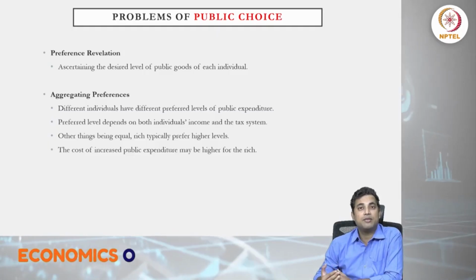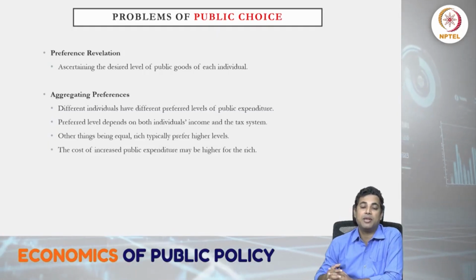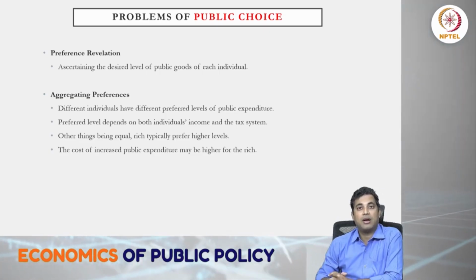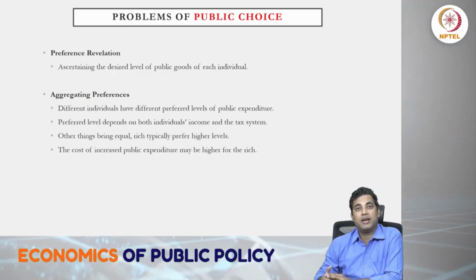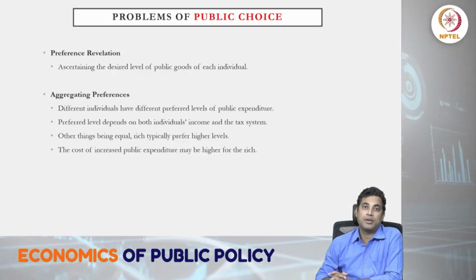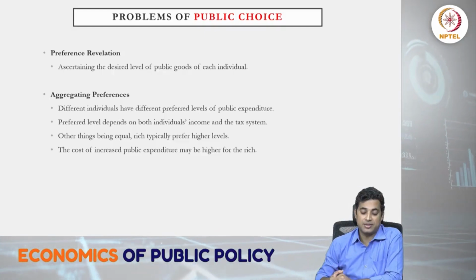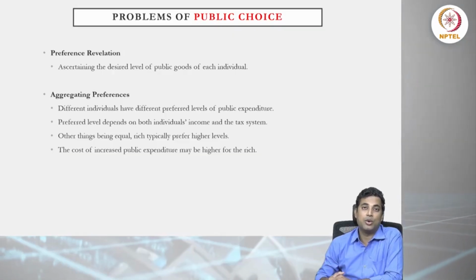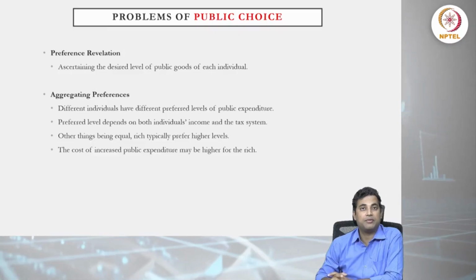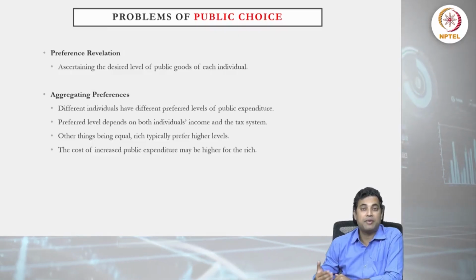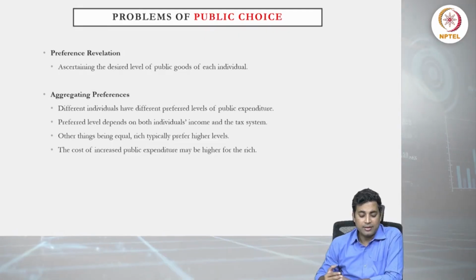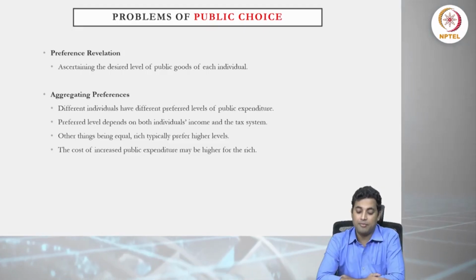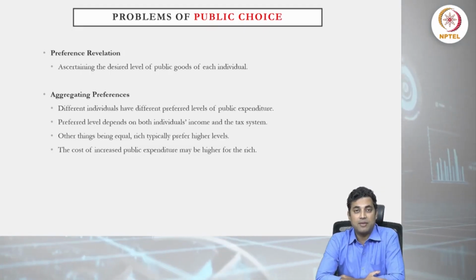For instance, individual A might prefer primary health care in their village, while person B from the same village might require primary education. So even within the same homogeneous group there will be differences. And second, the preferred level depends on both the individual's income and the tax system.